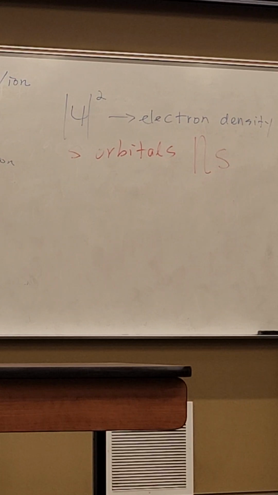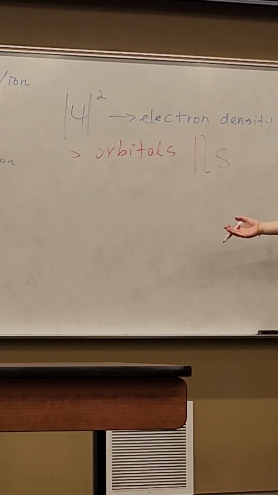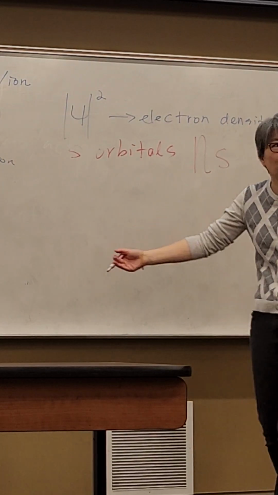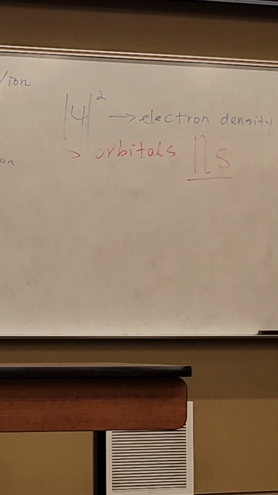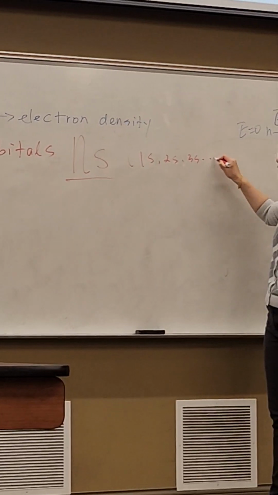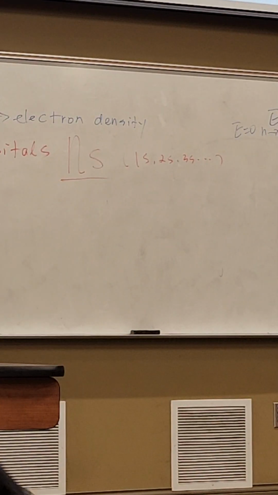Is that true? Because each shell has an s orbital. Therefore, generically, you use ns to represent, which includes 1s, 2s, 3s, and so on and so forth. Just to clarify here.